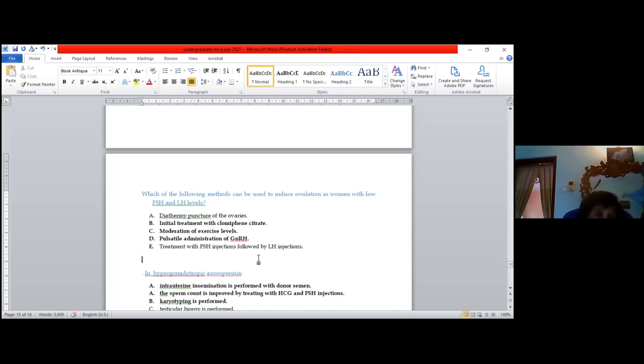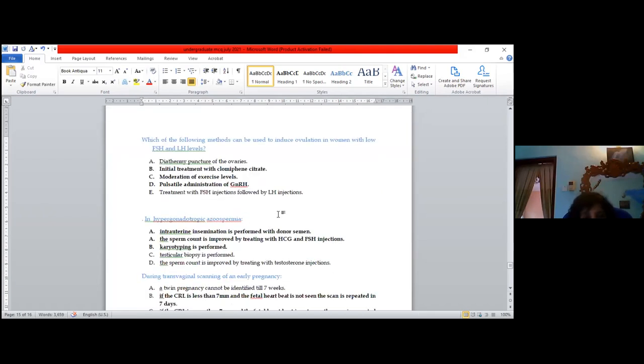So we do the GnRH levels, and we check the other pituitary hormones. If it is due to a hypothalamic problem, pulsatile administration of GnRH is correct.